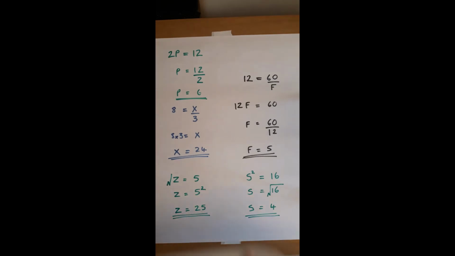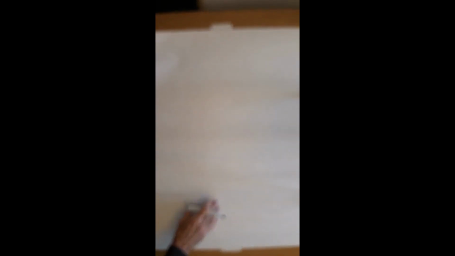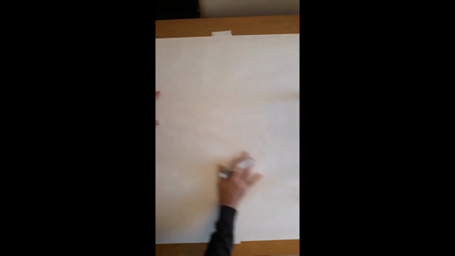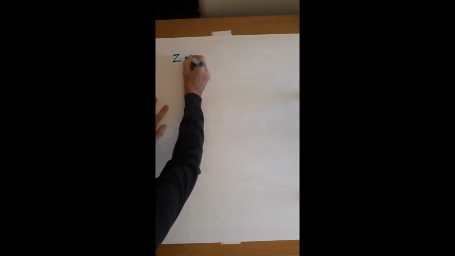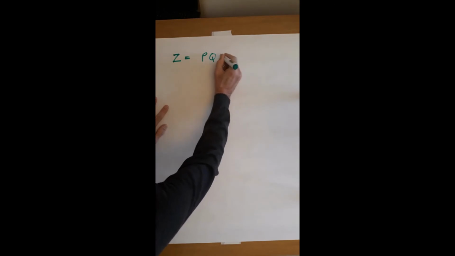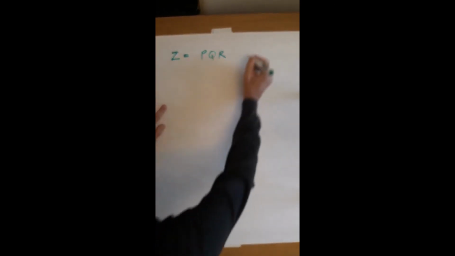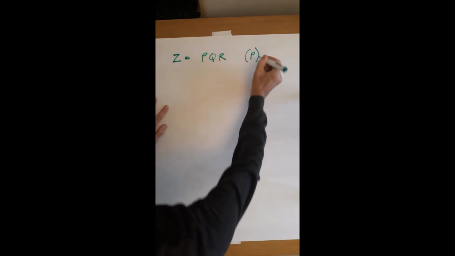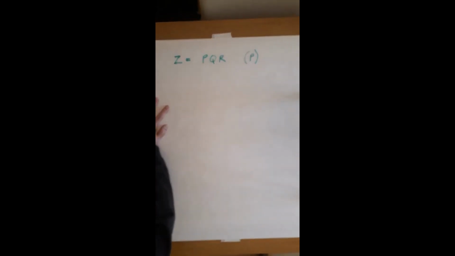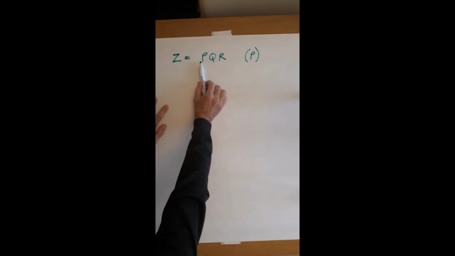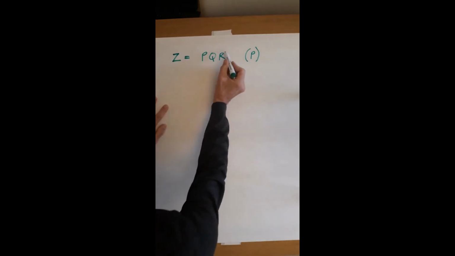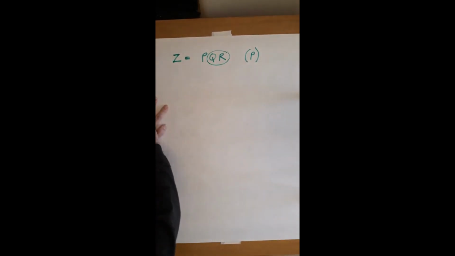So the final couple of examples from me on this one. Let's just do z equals pqr, and I would like to make p my subject. So it's on the top line, which means we can leave it there, and we need to move q and r away.